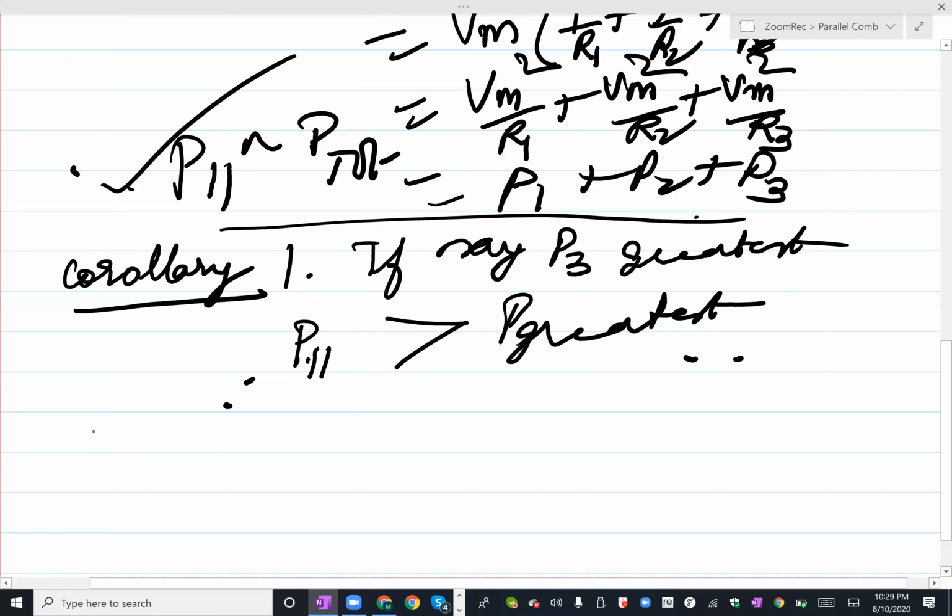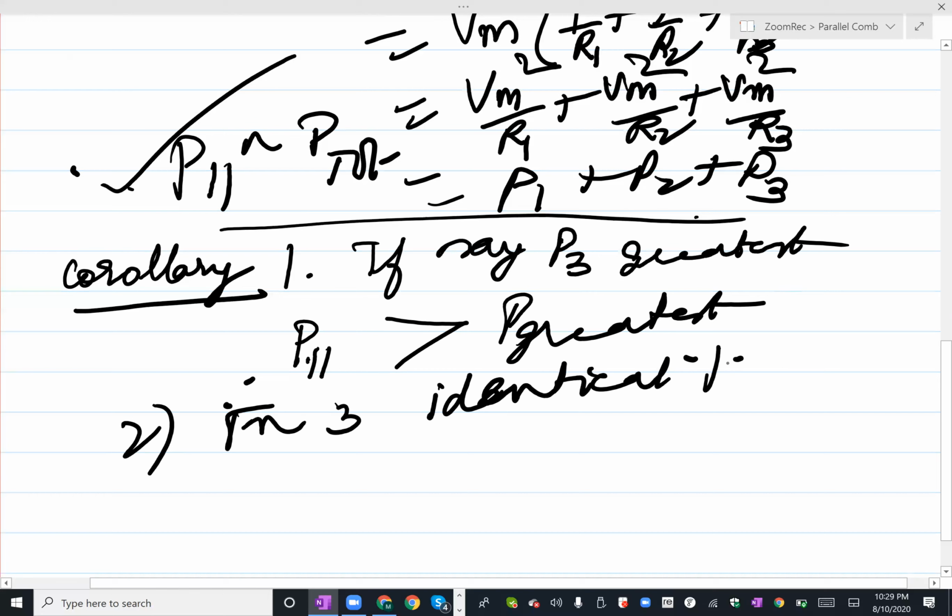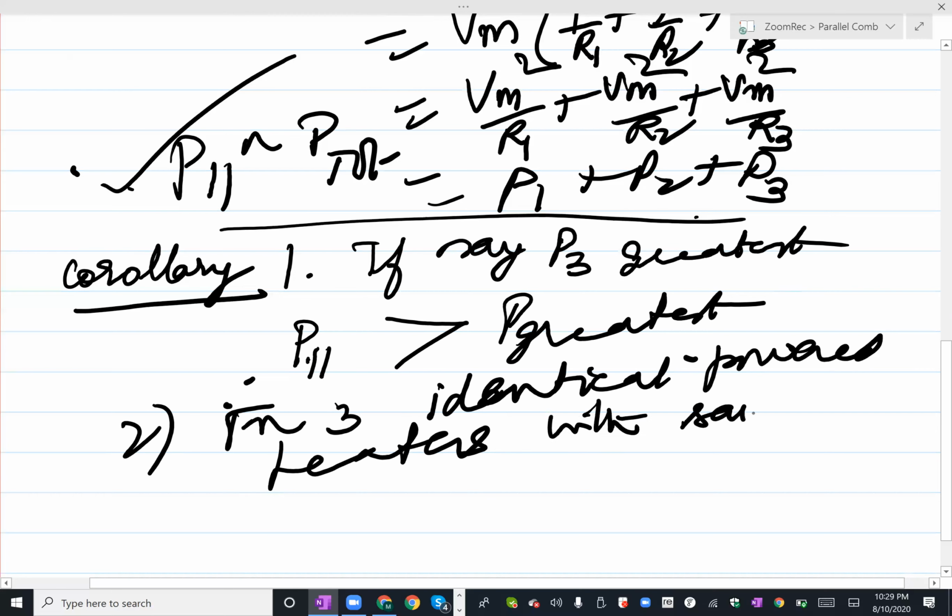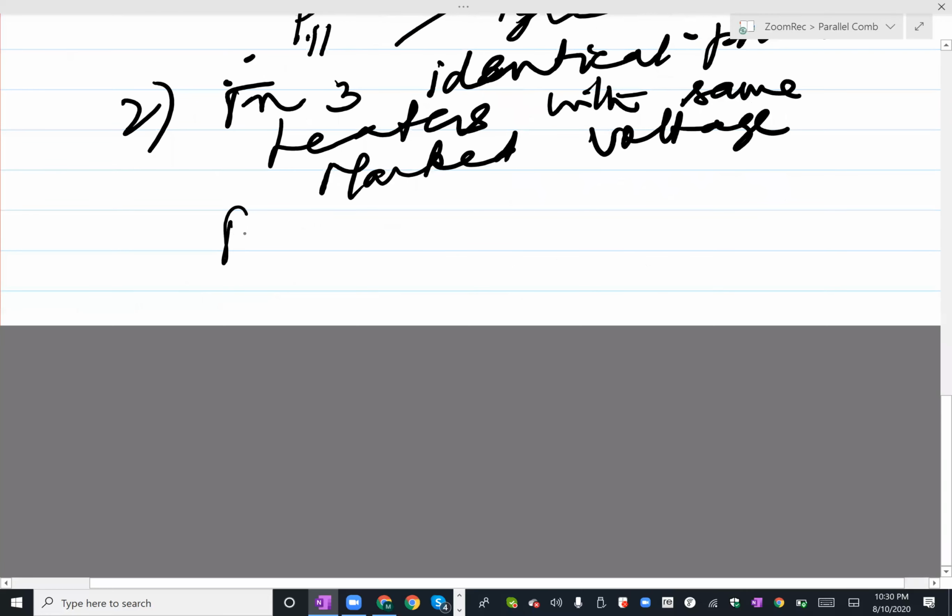And second, for three identical heaters, identical powered heaters with the same marked voltage, we have P parallel will be equal to P plus P plus P, which is 3P.